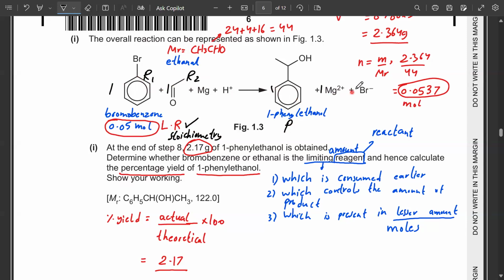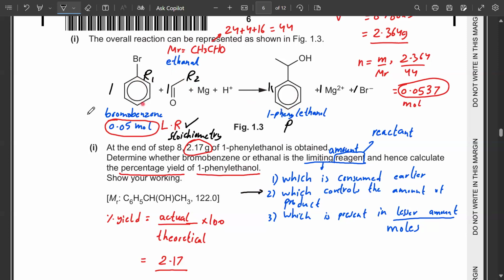All of them. So we need to use the moles of these two reactants with that of the product. But between these two reactants, one of them is a limiting reactant, the other one is not. As I defined, the limiting reagent is the one which controls the amount of the product. Here we found bromobenzene to be the limiting reagent, so the number of moles of the bromobenzene will be the moles of the product.